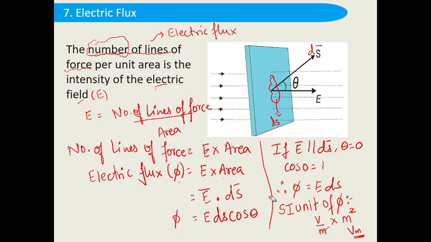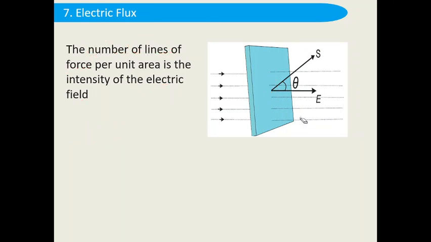Now, whatever I told you is for a very small area ds. If I write d phi equal to E bar dot ds bar, then for a very small area ds, the electric flux is a very small d phi.